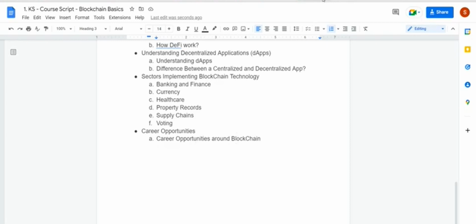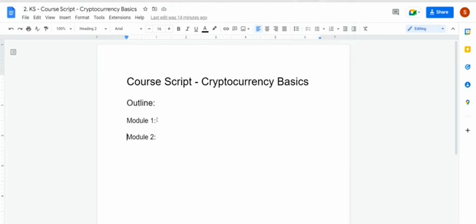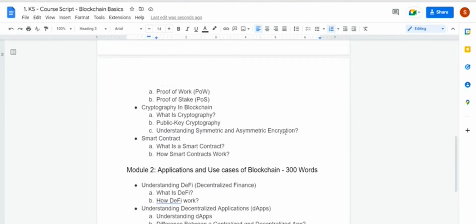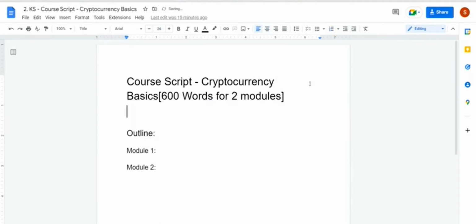And then, as we listed out, there are five courses. We were talking about blockchain, and here is cryptocurrency. You need to develop the outline through researching. You should cover this within two modules, and it should cover 600 words for the two modules.